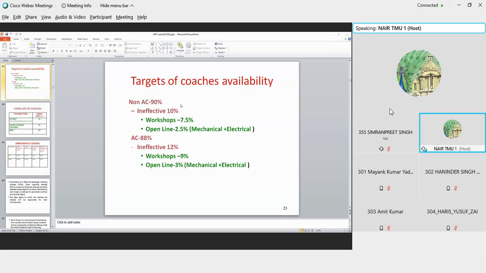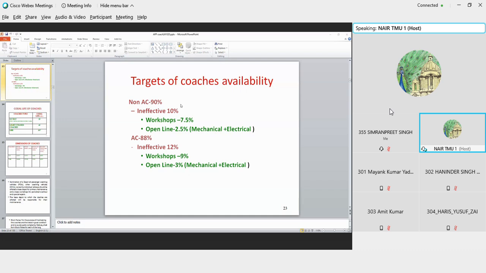In non-AC, I have given him 10% ineffective percentage. Assuming out of 600 coaches he is having 300 non-AC coaches, I will tell him that out of these 300 coaches, on any day or at any time, 270 coaches should be in working order in the rake. 30 coaches you can keep as ineffective.